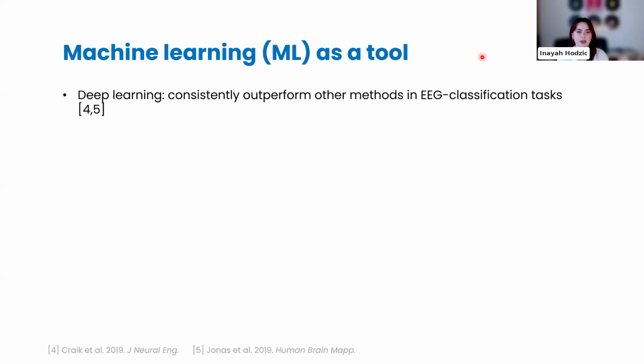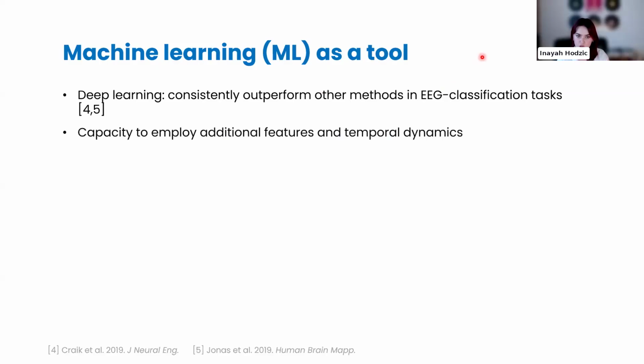Deep learning especially has been shown to consistently outperform other methods in EEG classification tasks. Partly the reason is that it has the capacity to employ additional features and identify patterns, maybe spatial or other types of patterns that are invisible to the naked eye, as well as take into account temporal dynamics of the EEG, which perhaps you can't see when you look at isolated windows of particular hours.